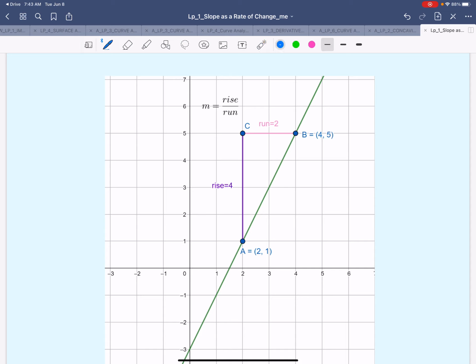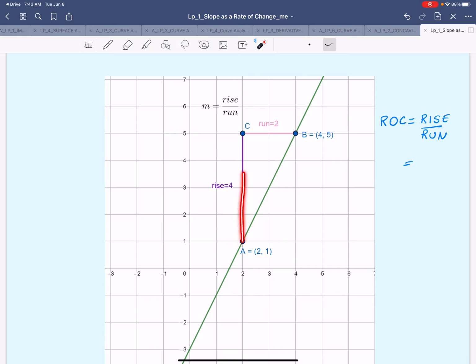If we want to find the rate of change, we simply evaluate the slope, which is rise over run. For the rise, I'm choosing to go from point A to B, but as I said before, we can also go the other way around.